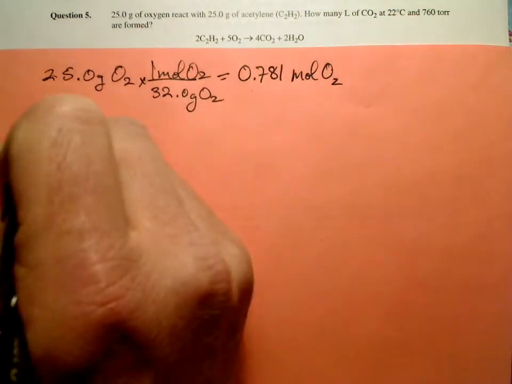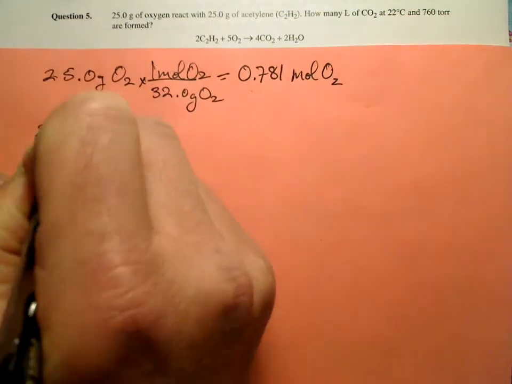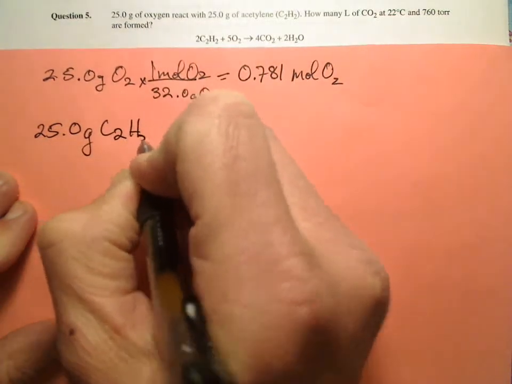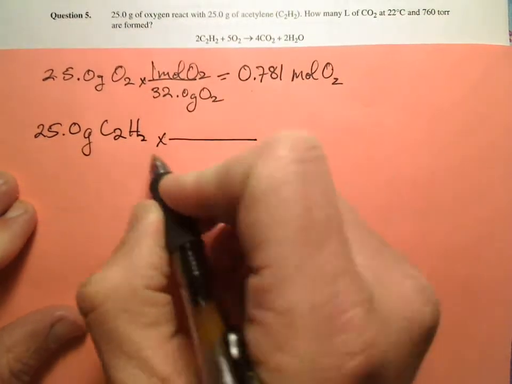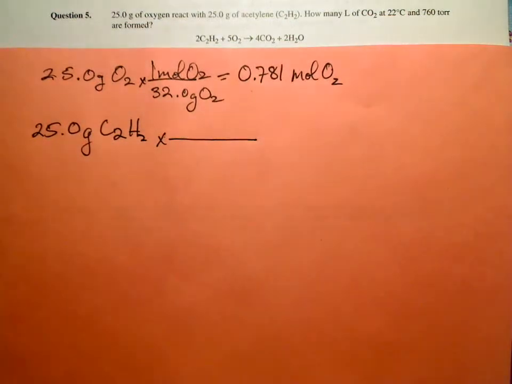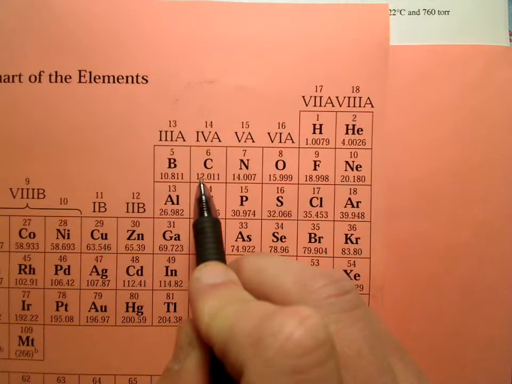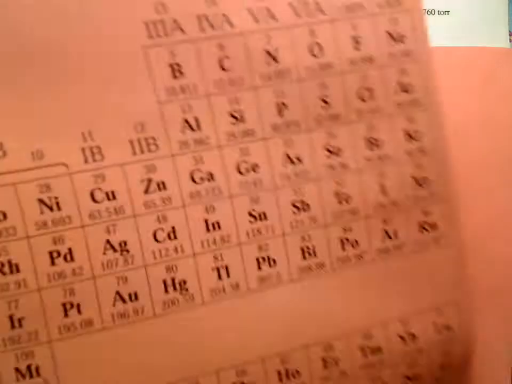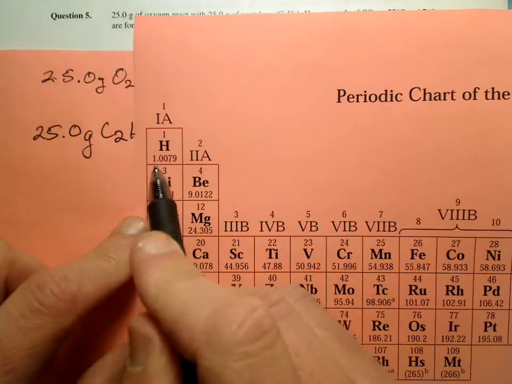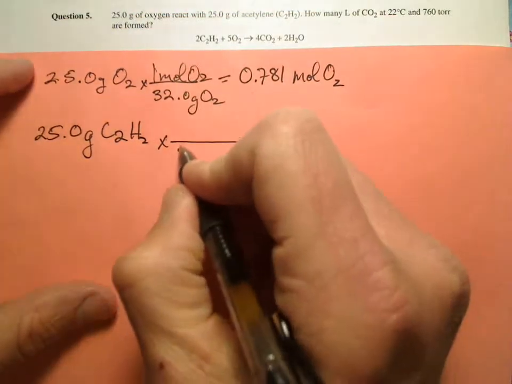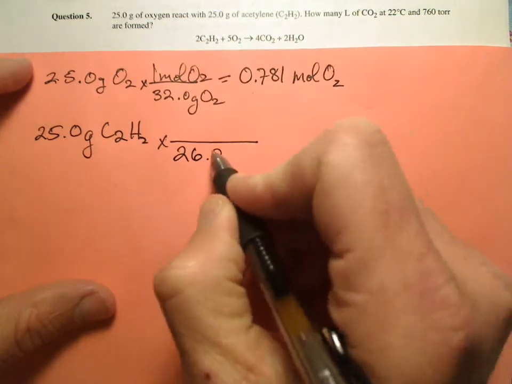Let's do the same thing with the acetylene. So we say 25 grams of acetylene, 24 plus 2. How do I get 24? Oh, because carbon is 12. So once again, carbon is 12 times 2 is 24, plus 2 hydrogens, each at 1 apiece, is another 2. So 24 plus 2, we'll call that 26.